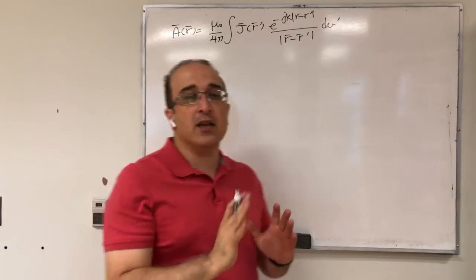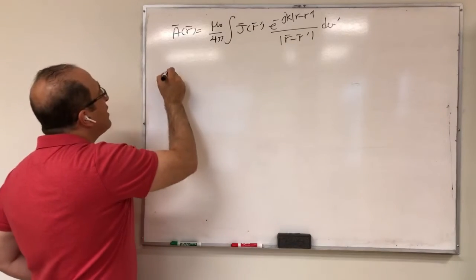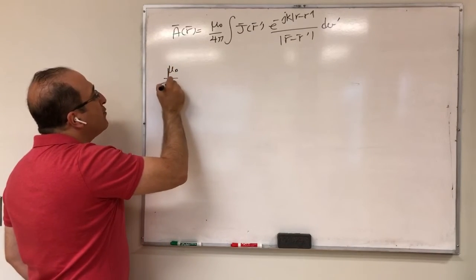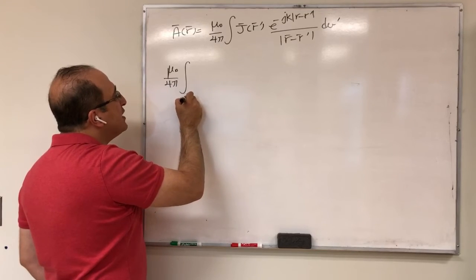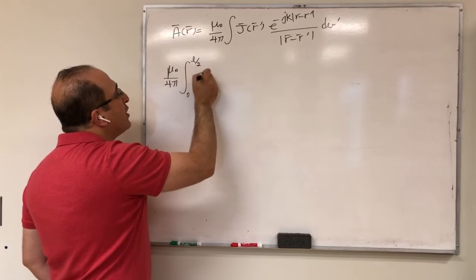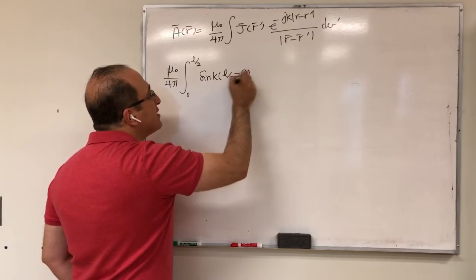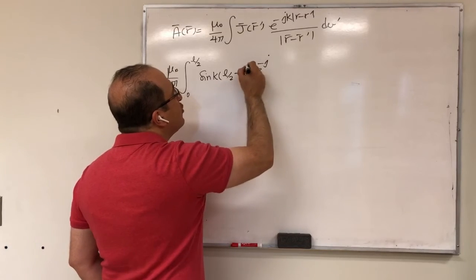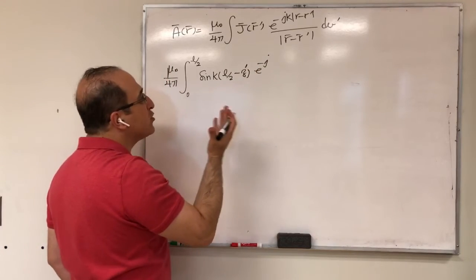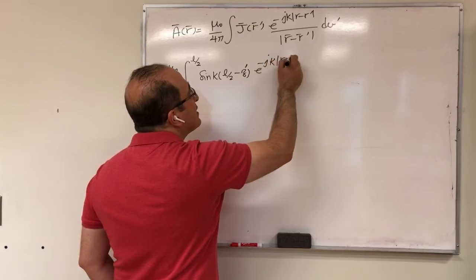Now, what we have here is this integral, and we know that our current, similar to the previous cases, is on a dipole antenna, so it's on a line. So we can change that into mu naught over 4 pi, and I'm going to go with the top arm first, so 0 to L divided by 2 of sine of k(L/2 minus Z prime) e to the power of minus jk |r minus r prime|. I put Z prime to say this is the source; anything source would be prime based on our standard.